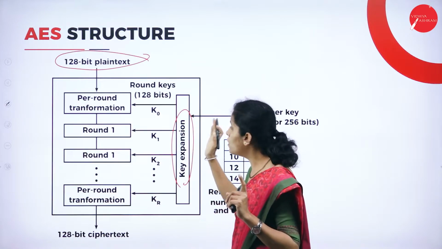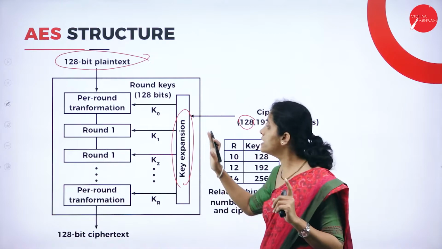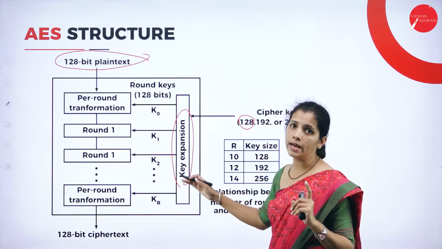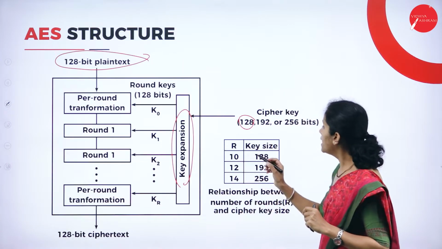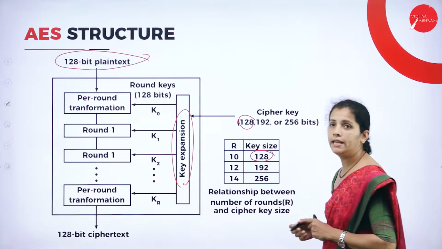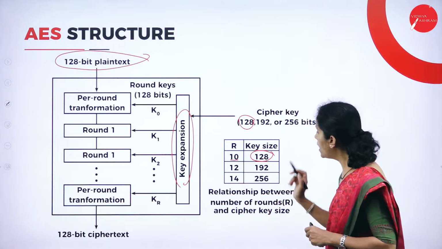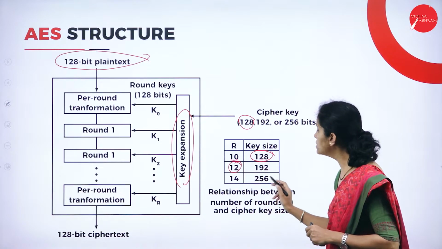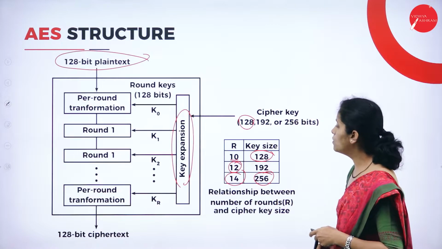So for round 1, key 1, for round 2, key 2, for round 3, key 3, and it's going to continue up to round 10, key 10. And if I consider the key size for 128, I'm going to have 10 rounds, for 192, 12 rounds, and for 256, it is 14 rounds.